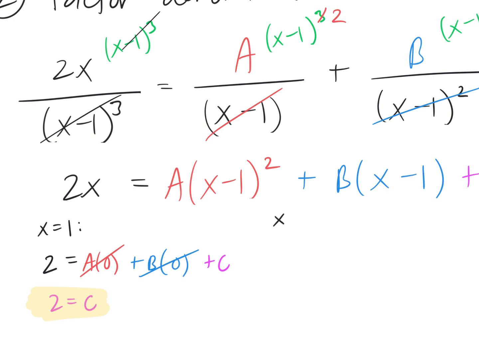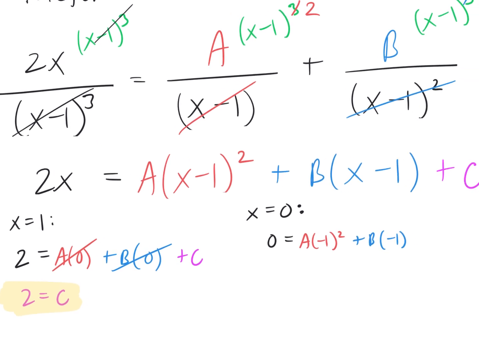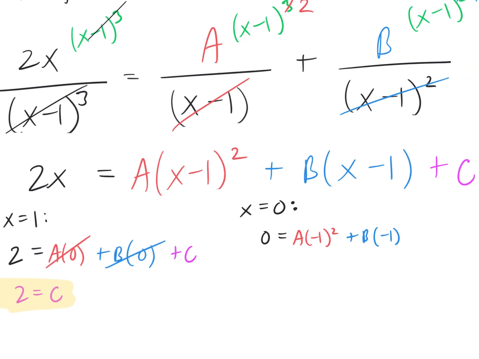So let's just pick, I always choose small numbers here. Let's choose x is 0. If x was 0 and I plug 0 in, I get 0 equals a times negative 1 squared plus b times negative 1. And I know what c is, right? C is now 2, so I can say plus 2.